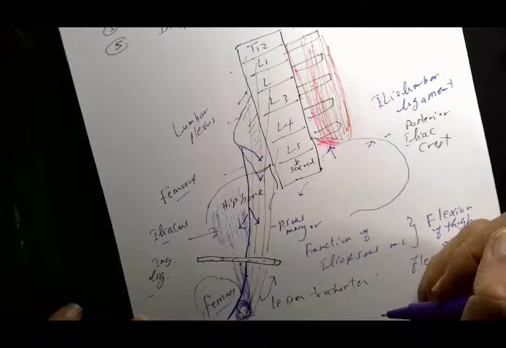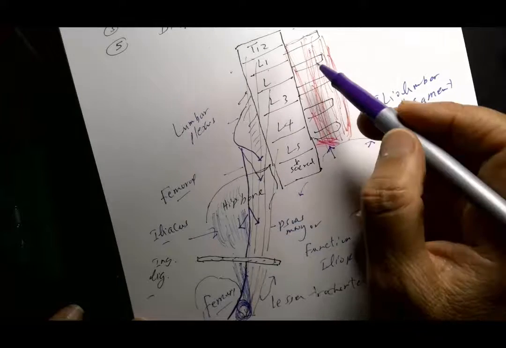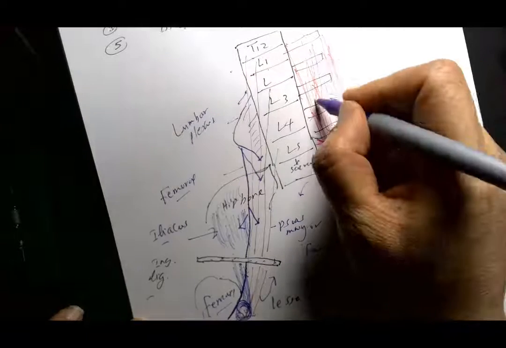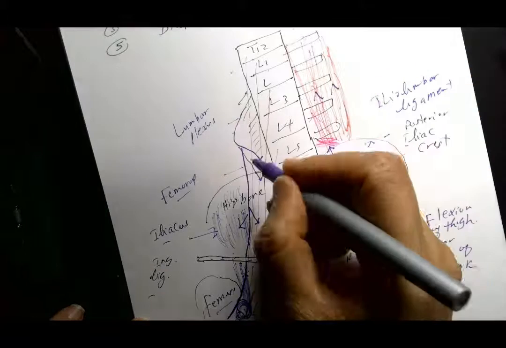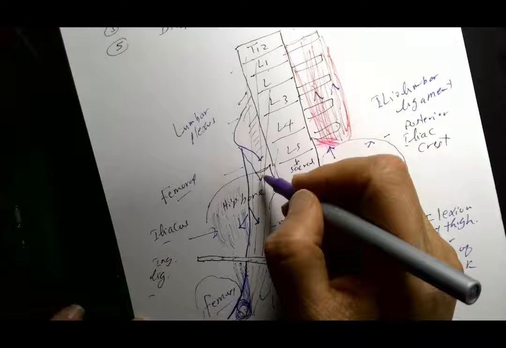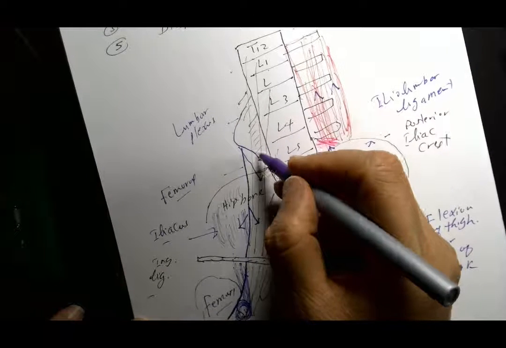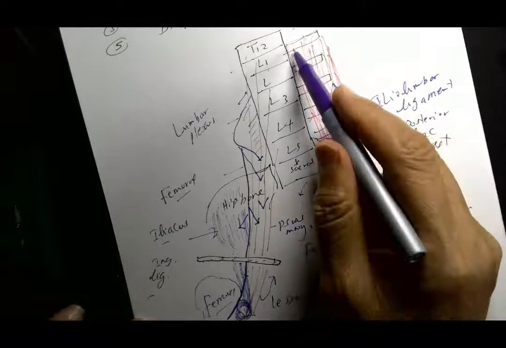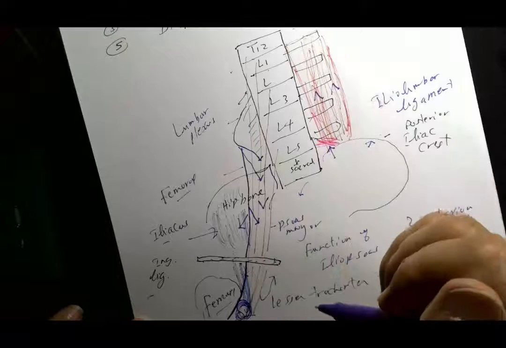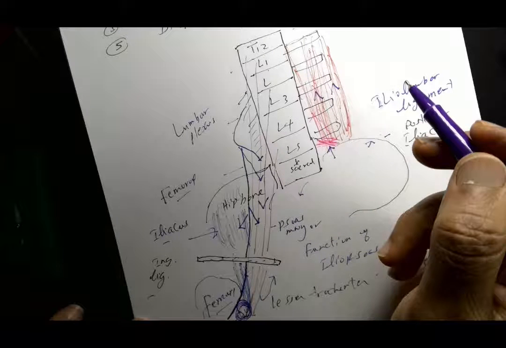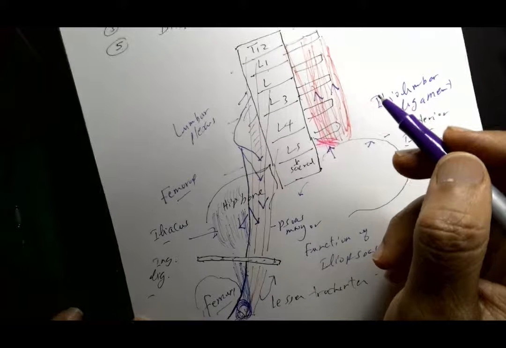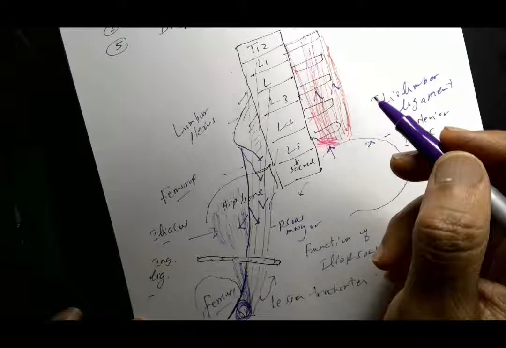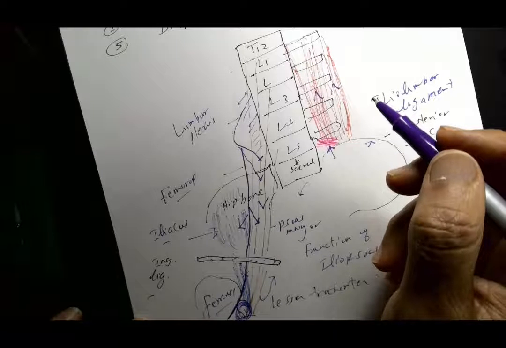And the insertion is going up, different from the psoas major, which is going down. The direction of the fibers here is upward, to the transverse process of lumbar vertebrae. What is the function of quadratus lumborum?